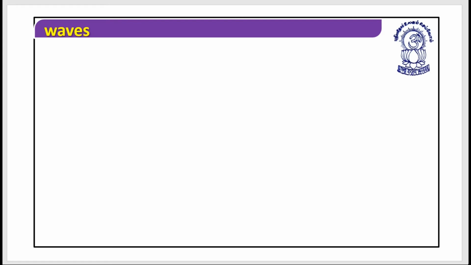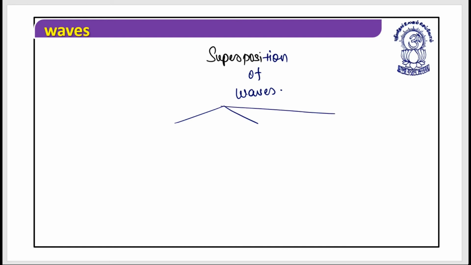Is it clear? Great. So basically, when we study superposition of waves, we have three different applications. One of them is intensity.